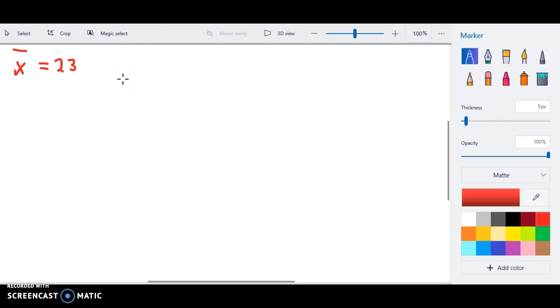Next would be s, and it's 4.5. The sample size is 25, and the population size is 180.